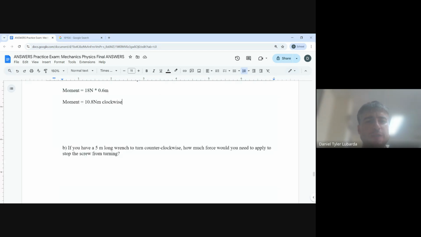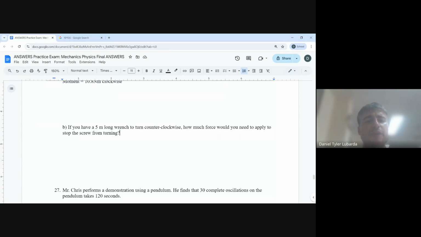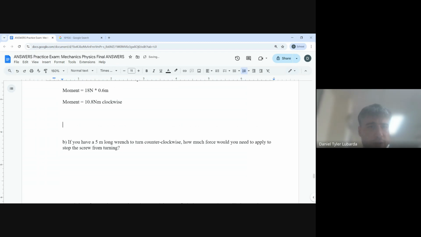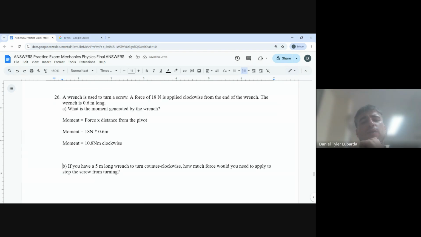Okay, part B. If you have a 5-meter long wrench to turn counterclockwise, how much force would you need to apply to stop the screw from turning? So if we want to have zero turning motion, how do we do that?